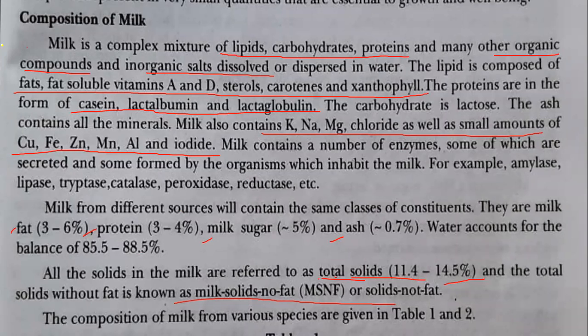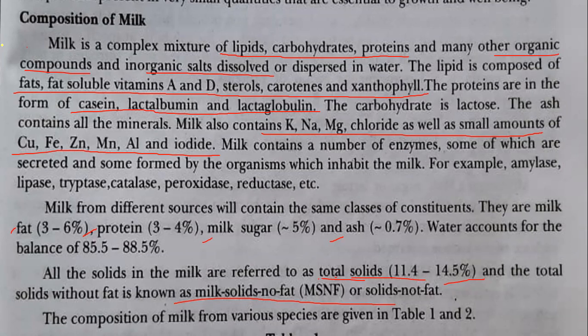Now we'll see the composition of milk. It's a mixture of lipid, carbohydrates, proteins, and many other organic compounds and inorganic salts dissolved or dispersed in water. Lipid is composed of fat-soluble vitamins A and D, sterol, carotenes, and xanthophyll.